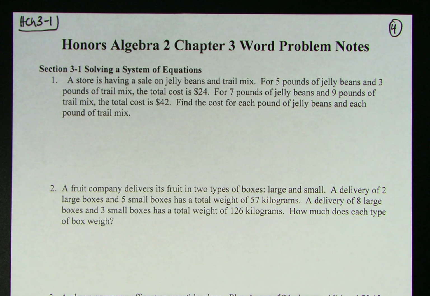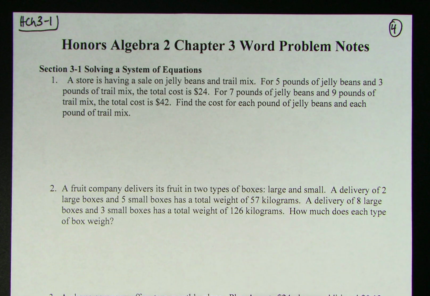For 5 pounds of jelly beans and 3 pounds of trail mix, the total cost is $24. For 7 pounds of jelly beans and 9 pounds of trail mix, the total cost is $42. Find the cost for each pound of jelly beans and each pound of trail mix.